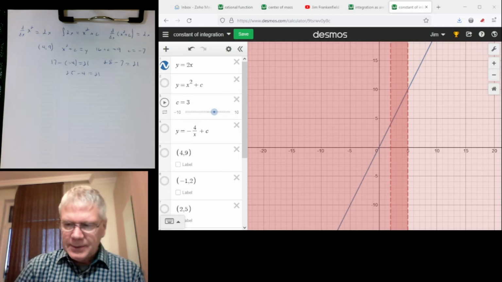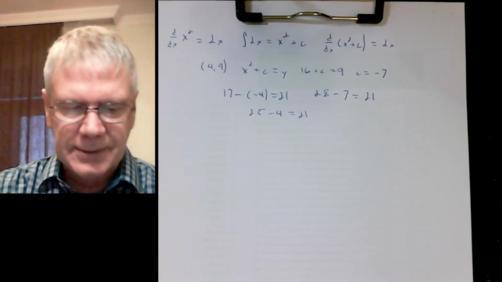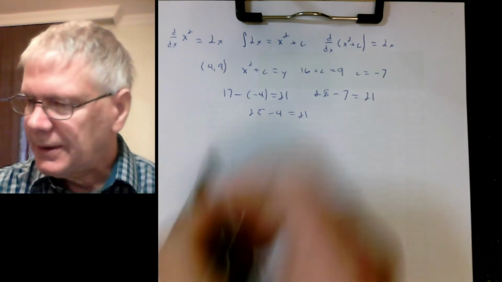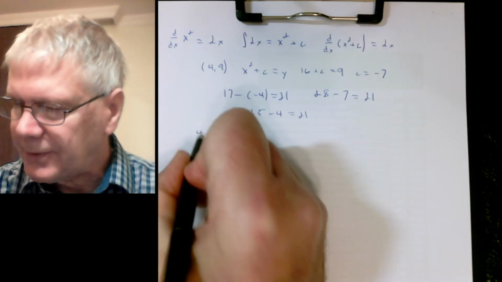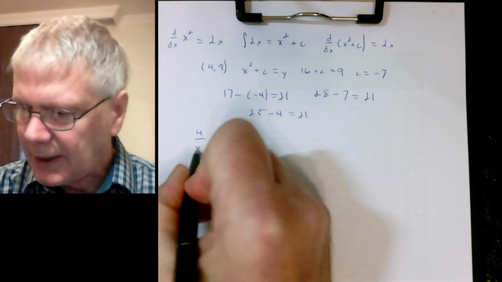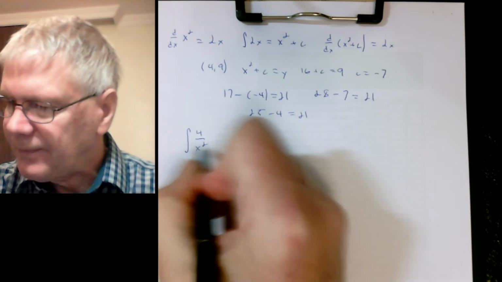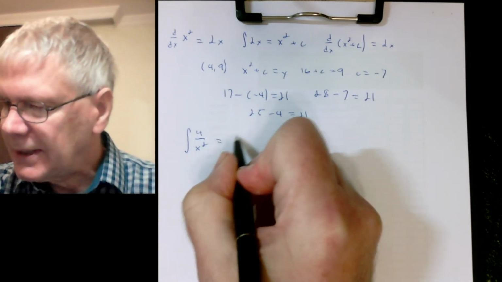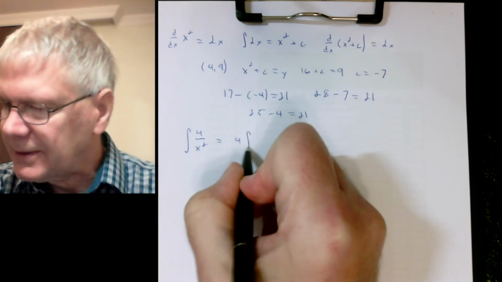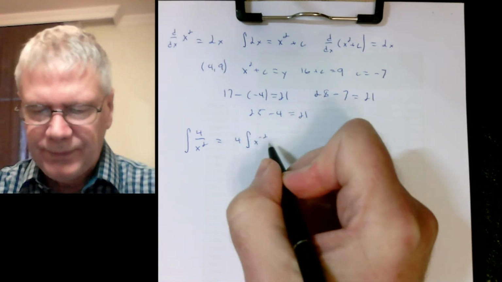So let's go back to the document scanner here and look at another problem. This time let's use 4 over x squared, and I want to integrate that, so I'm going to get 4 times the integral of x to the minus 2.